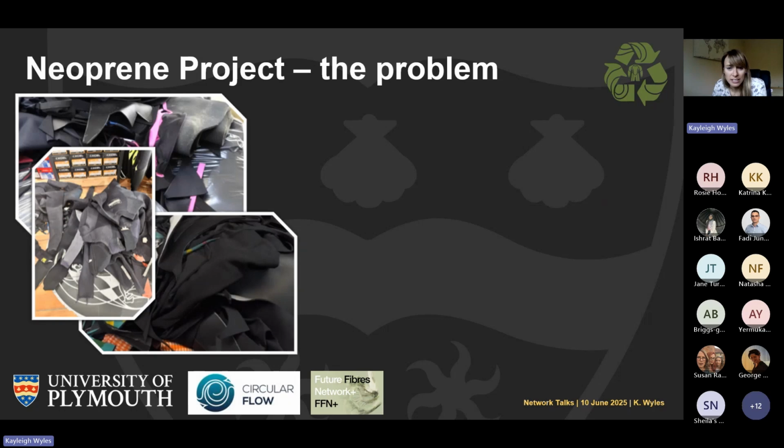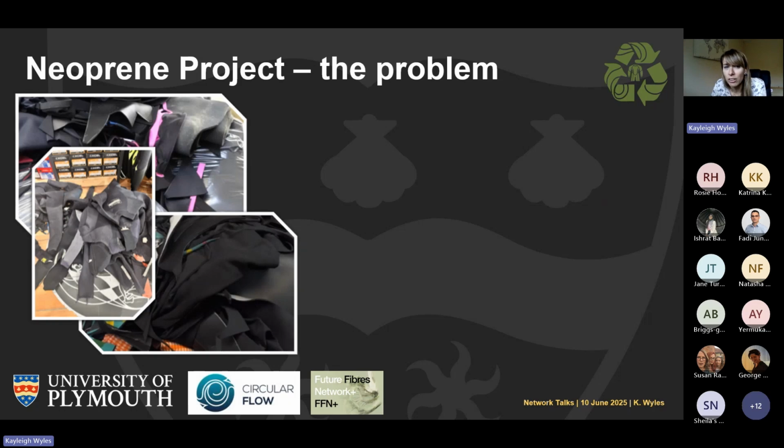But the problem with this is that as well as having lots of environmental impacts in how it's produced, so the climate change impacts of basically petroleum based product and the chemicals and stuff that's released, there's also no way of recycling it. The main way is either to be burnt or landfilled, and it's estimated about 380 tons are burnt or landfilled every year.